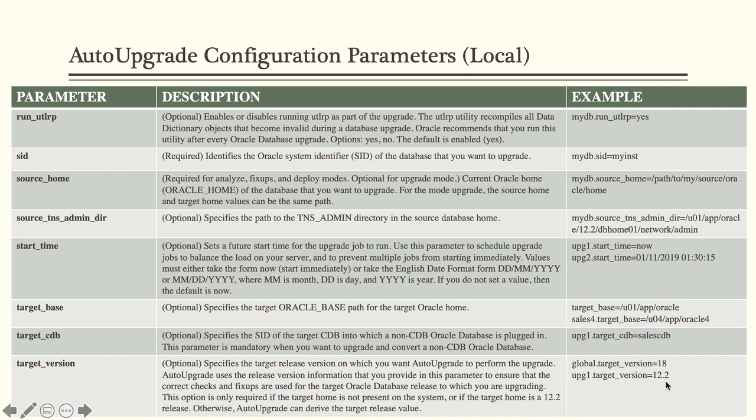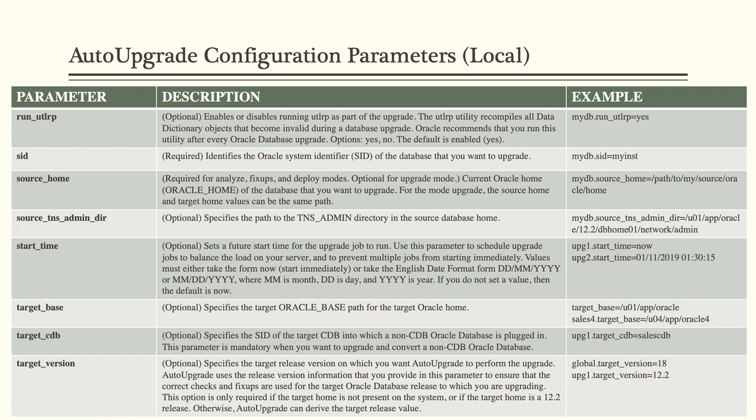So using the same config file, some of the databases are getting upgraded from 11G to 12.2, some other databases from 12.1 to 18C, and some other databases you are upgrading from 12.2 to 19C. All of them using a single config file.